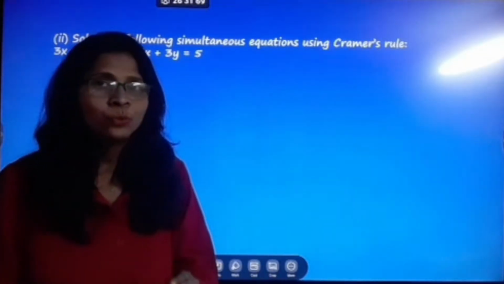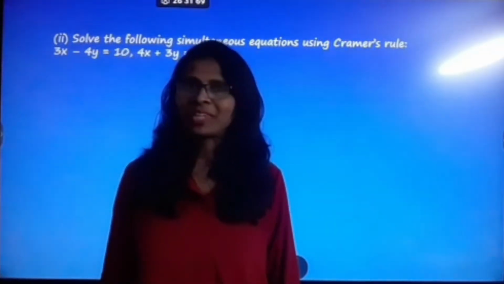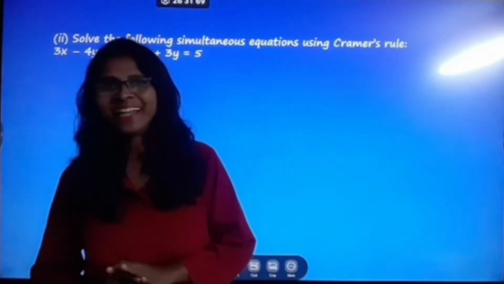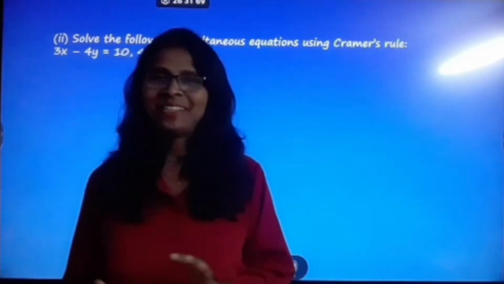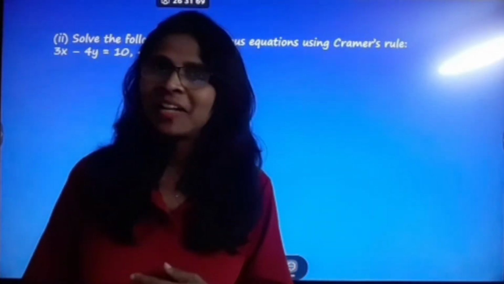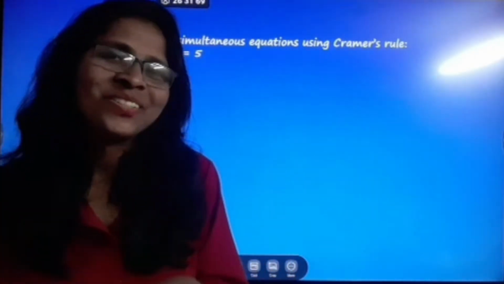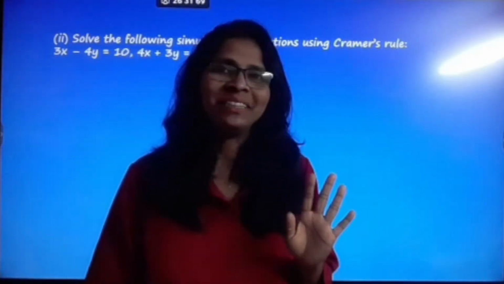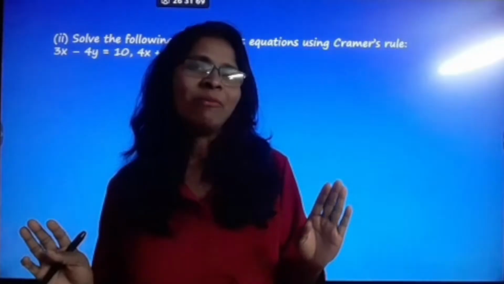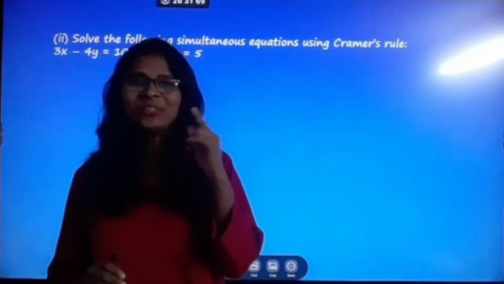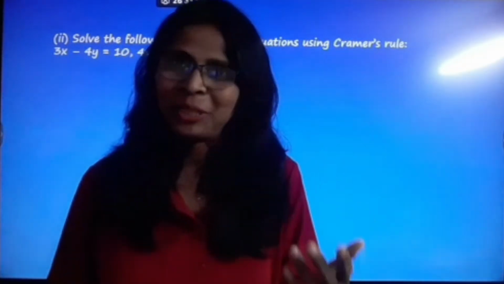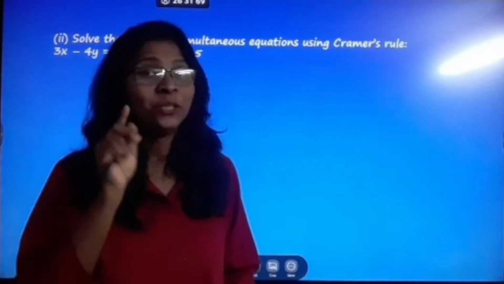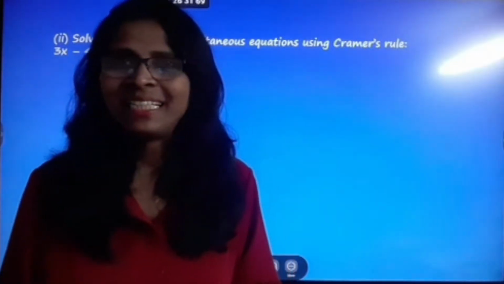Okay students, board exam setters like this example of Cramer's rule very much. Okay, that is solving the quadratic equation by the formula method and solving the quadratic equation by the factorization method. Okay, so it is a very favourite question for them, and so it is frequently asked. So it is frequently asked and you should do it. You must do it. You have to do it before going.